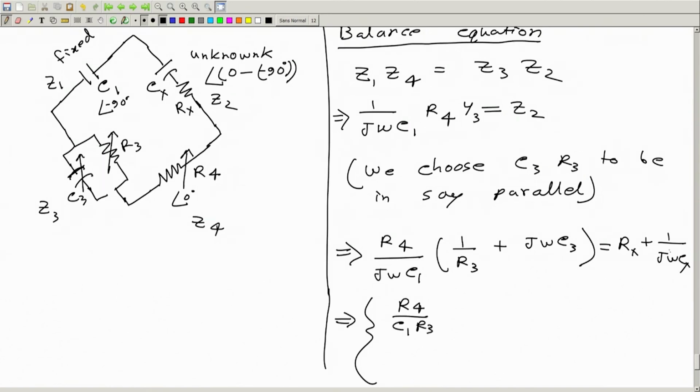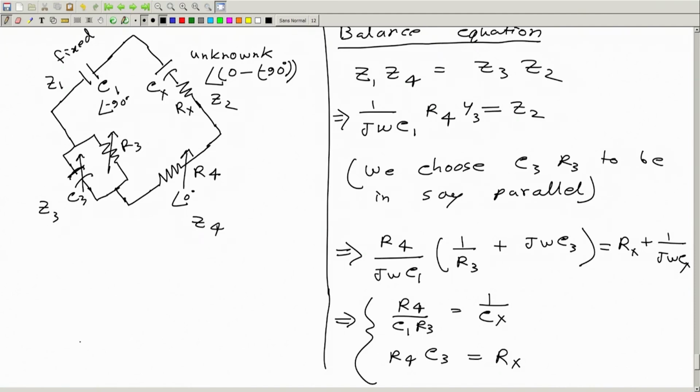Here we will have 1 over Cx, and here the real part is R4 C3, j omega cancels. This side we will have Rx. So, these are the two balance equations. Rx is this, Cx is 1 over this. Okay, it's very simple, just two lines once again.